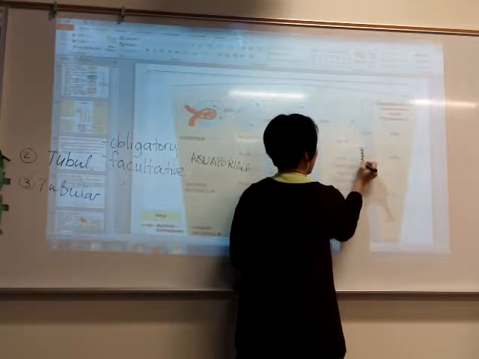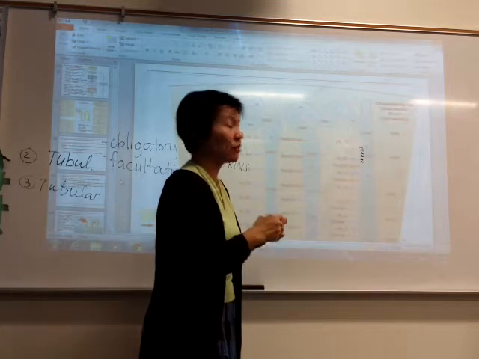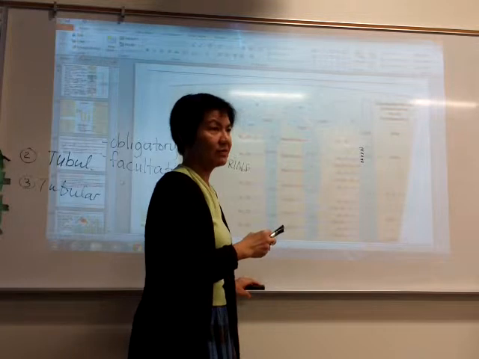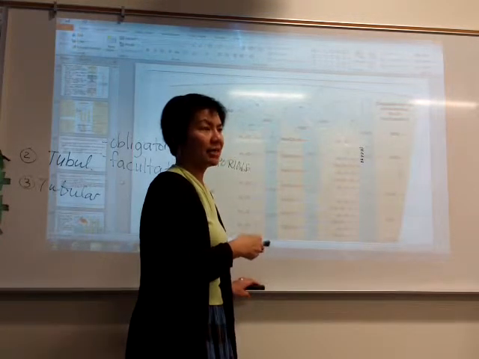What are aqua? For water. They are water channels. So that's how water is able to be reabsorbed, to return it back to your circulation. Do you follow? Do you understand this part right here?